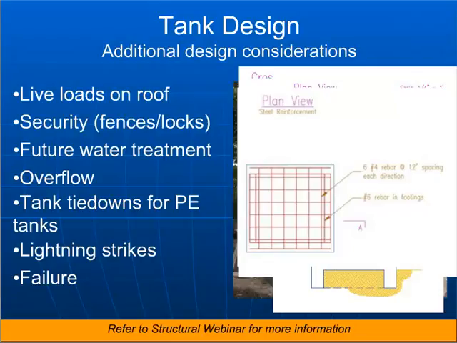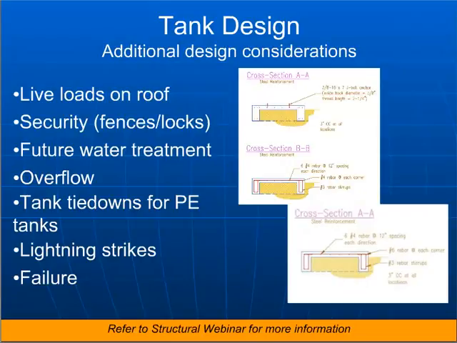So again, this diagram here just shows the basic dimensions of the tank, so it's good to have this so you can talk about what types of formwork might be necessary and figure out with your contractor how much material you need to bring, how much rock, how much sand, how much cement.